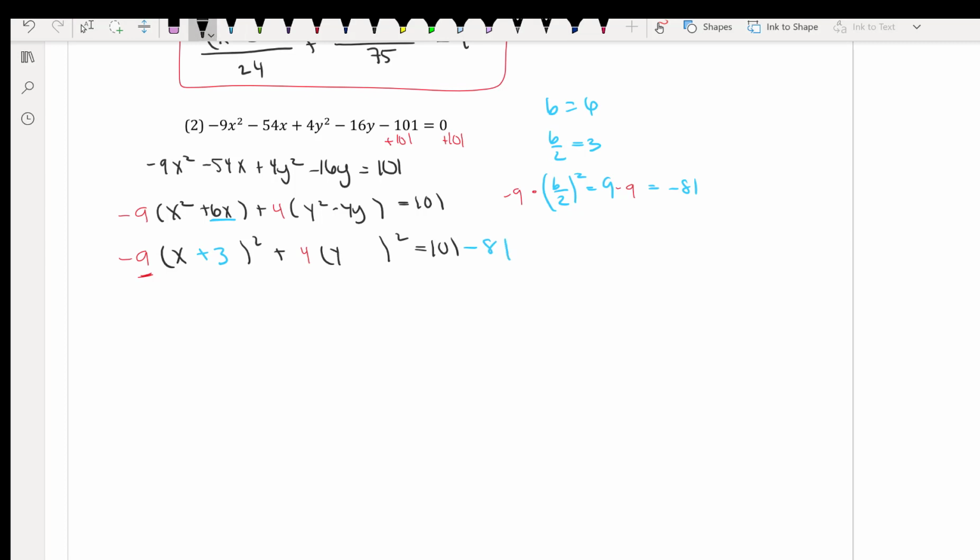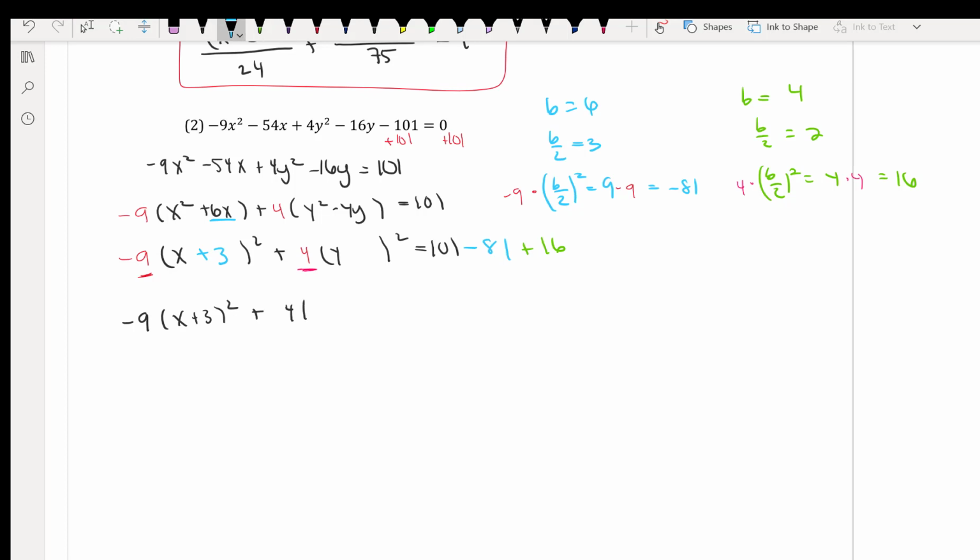Now I'm going to be dealing with my y. So for my y value, I have my b, which is 4. If I divide that by 2, that's 2. If I square that, that's 4. But don't forget, I'm multiplying by the number out in front of it, which is a 4. So I have 4 times 4, which is a positive 16. So now I have negative 9 times (x plus 3) squared plus 4.